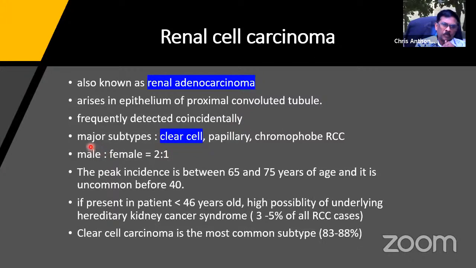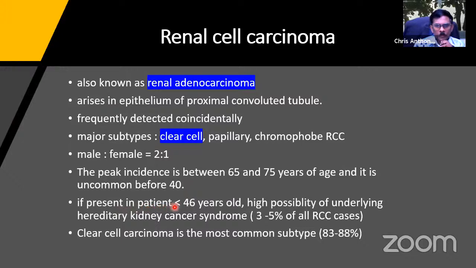There are three major subtypes: clear cell carcinoma, papillary carcinoma, and chromophobe renal cell carcinoma. The male to female ratio is 2:1. The peak incidence is between 65 and 75 years of age, and it is uncommon before the age of 40.